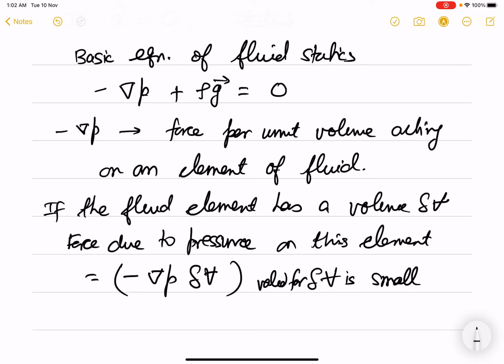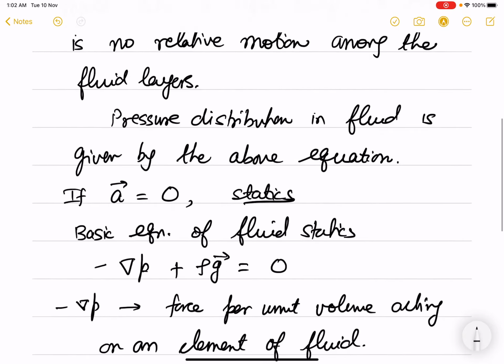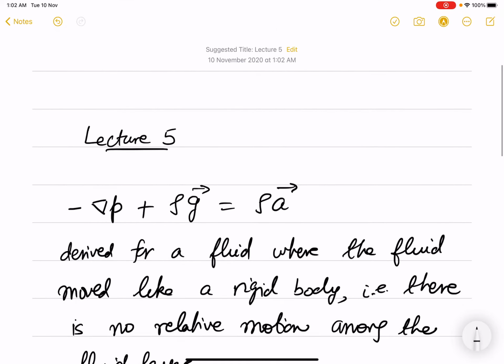And basically the equation which we have is just a form of Newton's second law.